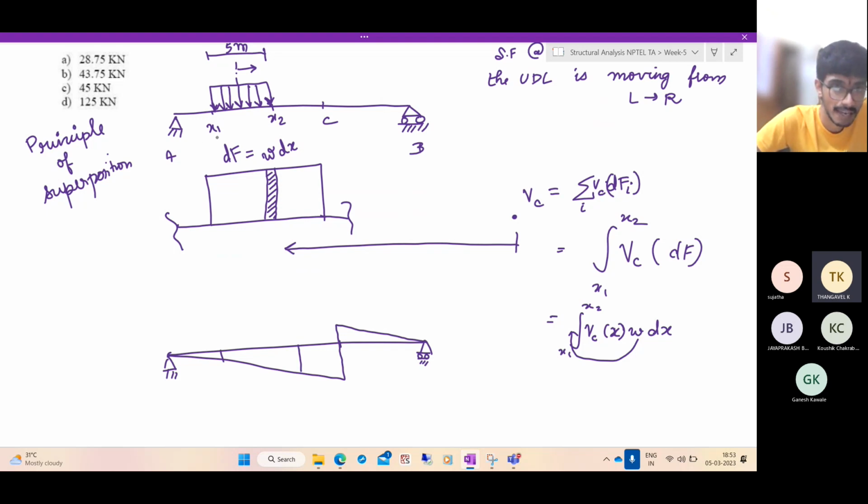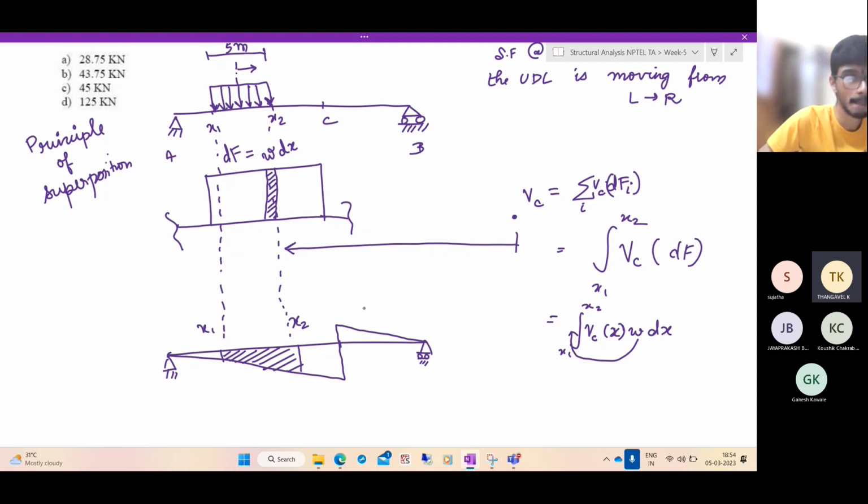So x1 is here. This is x1. This is x2. The area under the influence line diagram between the two points of the UDL is equal to the shear force.